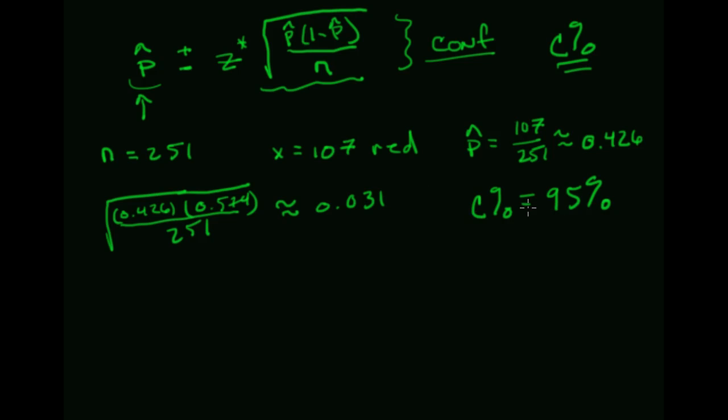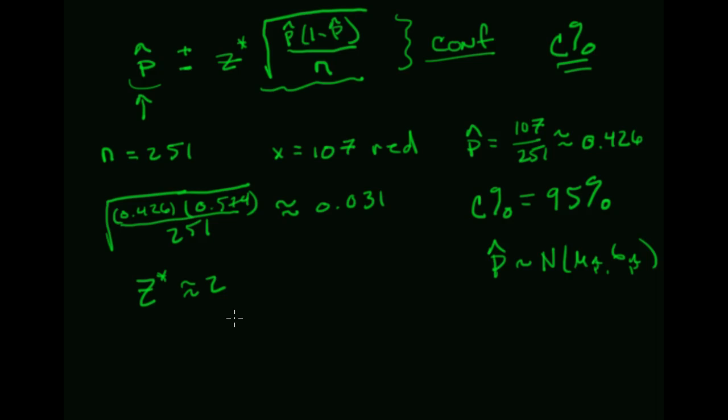If I assume that p hat is distributed normally with the mean of p and the standard deviation of p hat, then 95% tells me that the z-score has to be within 2 standard deviations. If I use the empirical rule, I can say that z star is approximately 2, because 2 standard deviations from the mean is 95% of the data points.